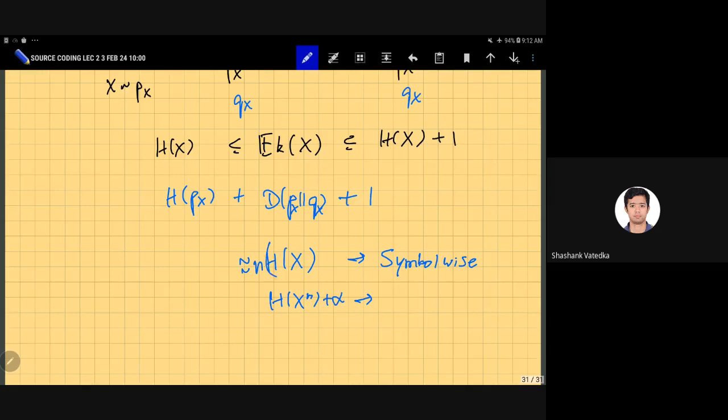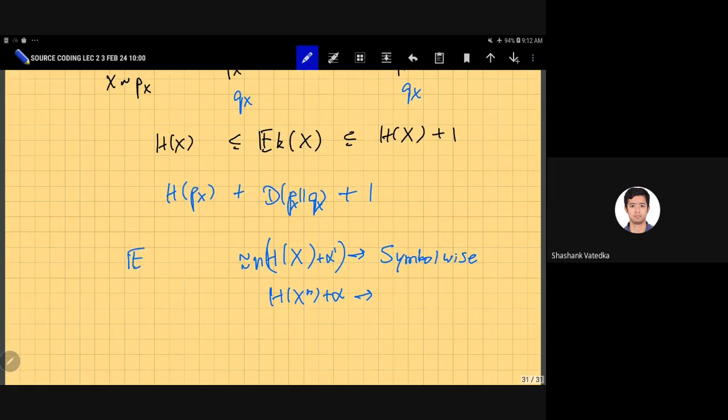In this case, it is n H(X) plus some constant for symbol-wise encoding. If we try to encode the entire block of n symbols, that is, we design a compression algorithm for a block of length n, then we can get to H(X^n) plus alpha bits.